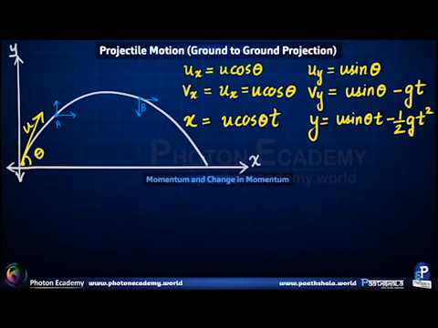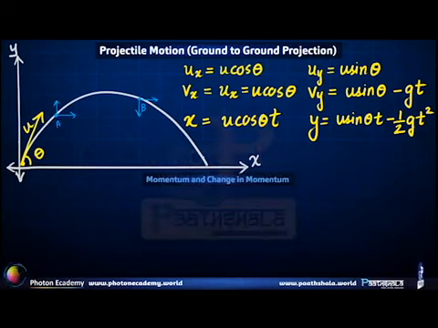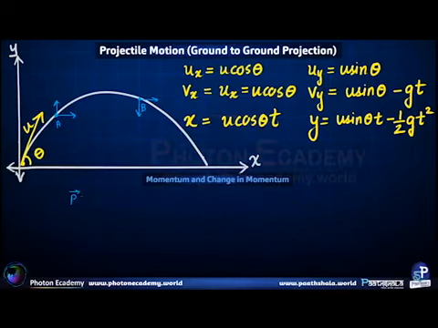One must note that here the horizontal component of the momentum remains constant, because momentum is mass into velocity. Momentum vector is given as mass into velocity vector. So the horizontal velocity does not change, so the horizontal momentum remains the same. So normally the momentum will be given as p bar is equal to mass into v bar, and we already know the velocity. So the momentum at any time t can be found out.